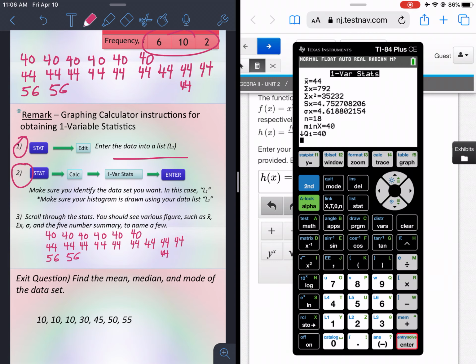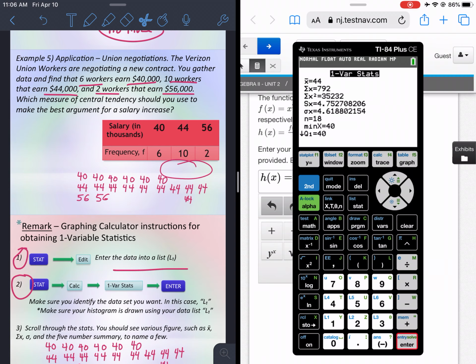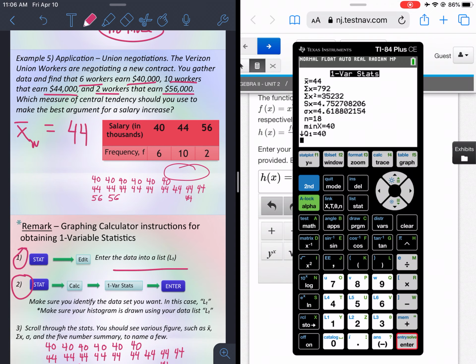Now we can scroll up and down through this data set, and notice that it gives us a ton of descriptive metrics. The first one being the mean. And because we entered every single frequency in the calculator, this is actually a weighted average. So the mean is going to be $44,000.